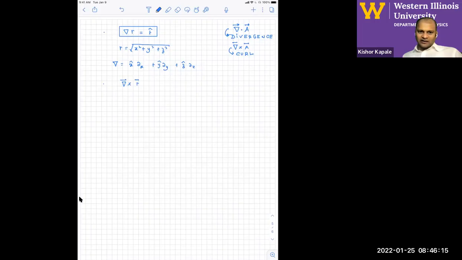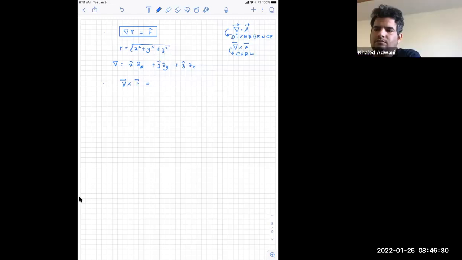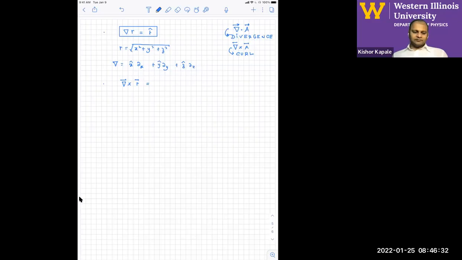Here now r is a vector. So I'm taking r as a vector, and then I can evaluate the curl of it. What would be the curl of r? Anybody know? You can think about this as, well, if I were to draw a two-dimensional picture of it, it's actually radially going away from the origin.